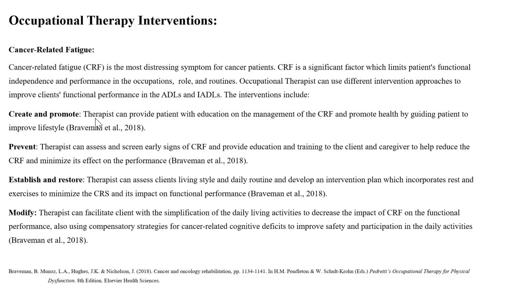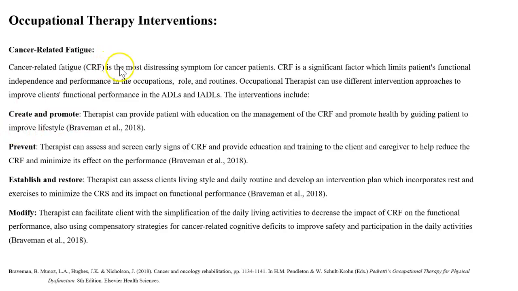Occupational therapy interventions. So now we will discuss what interventions occupational therapists can do for cancer clients. First, I'll start with cancer-related fatigue. That's a major concern for cancer clients, and it's the biggest limiting factor, which limits their ability to perform their functional activities or participate in their meaningful activities.